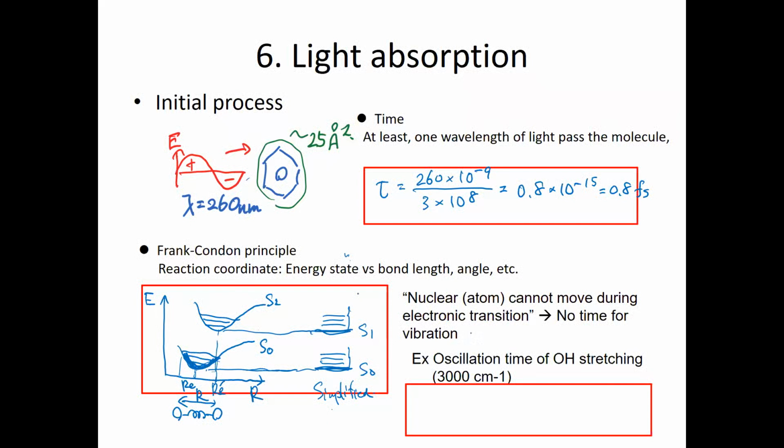But during the light absorption, this motion cannot be possible because the light absorption itself is on the order of 1 femtosecond, and there's no time to change the position. This is what the Franck-Condon principle says.